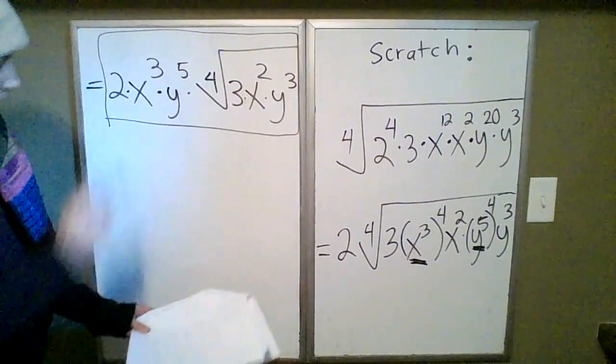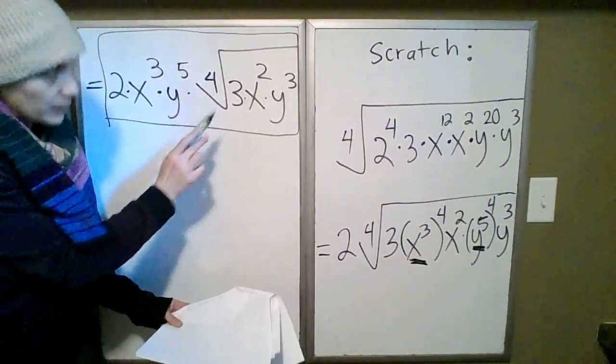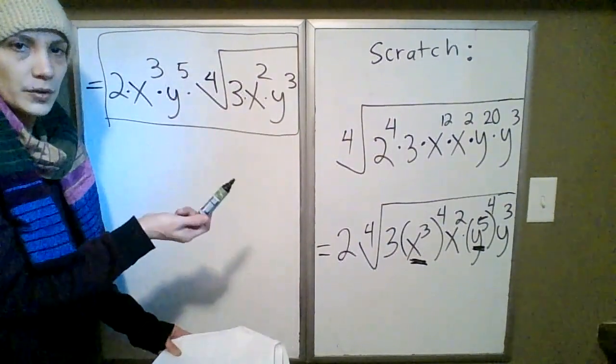Check, we got 2 x cubed y to the 5th times the 4th root of 3 x squared y cubed.